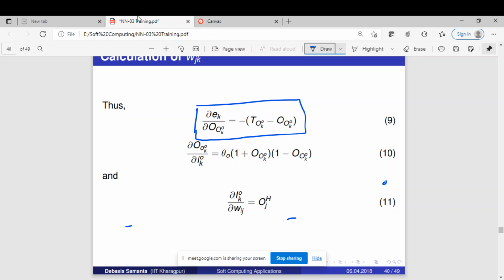When you multiply this and this, two terms will get theta. When you multiply this and this, then also there will be a theta. This and this also have a theta. So if you take this theta out, then we will get here e to the power theta IKO minus e to the power minus theta IKO, the whole square.